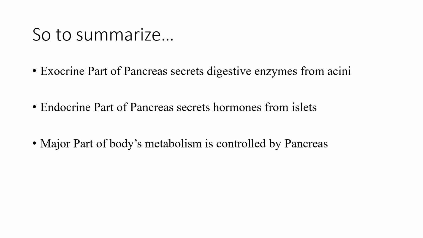You just remind yourself of that picture, and the CO2 combines with H2O to produce H2CO3. From there again H plus and HCO3. That HCO3 enters into the lumen and flows in the lumen. So the luminal pancreatic duct secretion contains high concentration of bicarbonate, and potassium also enters into the ductal cells to maintain the electrical negativity inside the cell.